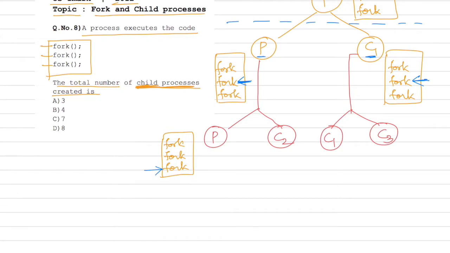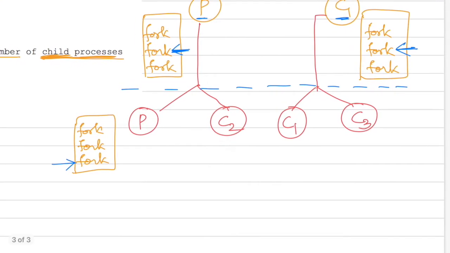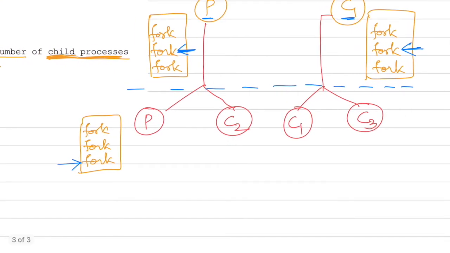So in this second level of the tree, we will be at the third line of fork. Let me zoom in here. I'm going to skip writing all 3 fork statements for each of them, I'm just going to be a bit lazy. So we have first fork, second fork, and then the third fork which C2 will execute.